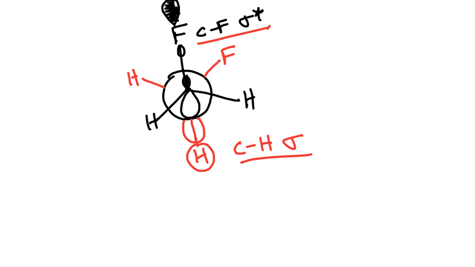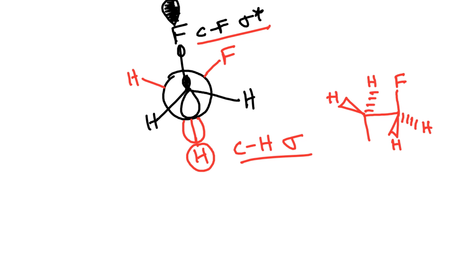We can show it by the flying wedge projection formula also. So let's say this is our one fluorine atom, this is our hydrogen atom, and because we are talking about the Gauche form, our other fluorine atom will be here.